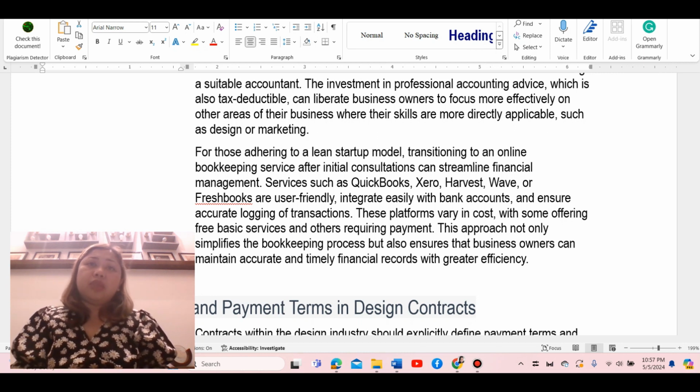For those adhering to a lean startup model, transitioning to an online bookkeeping service after an initial consultation can streamline financial management.